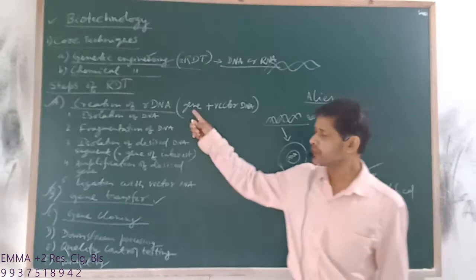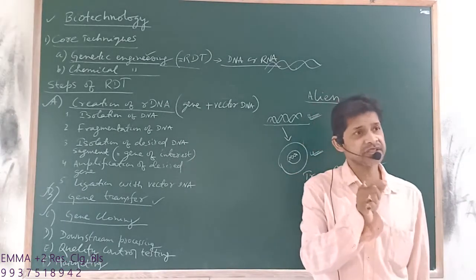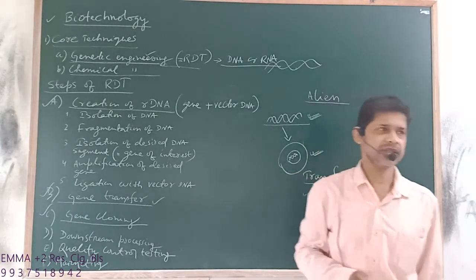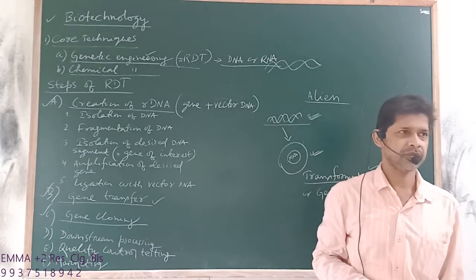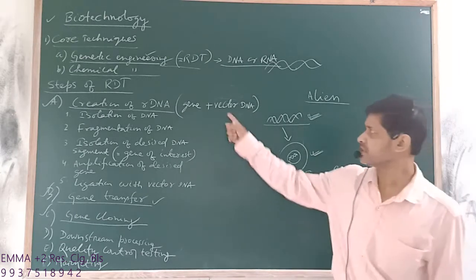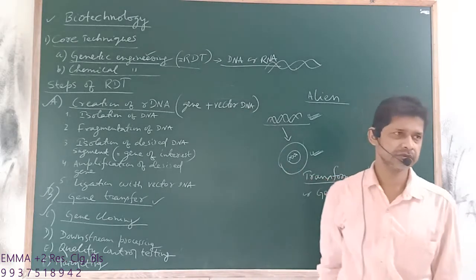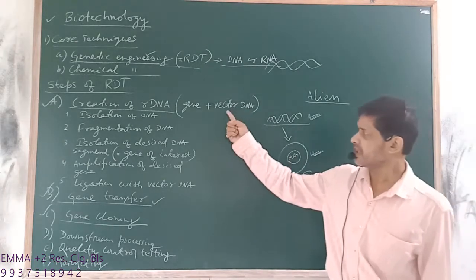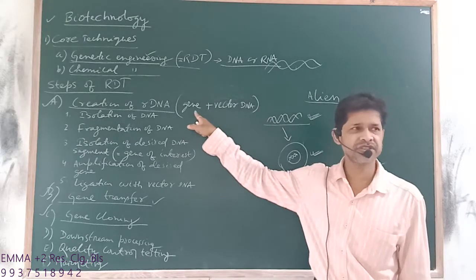The gene of interest can be called a passenger DNA. My motorbike is a vehicle. So this is a vehicle DNA, vector DNA. So this DNA is carrying my gene of interest.